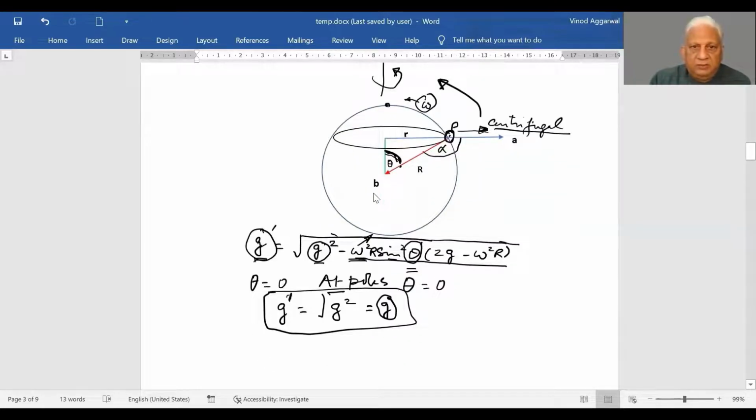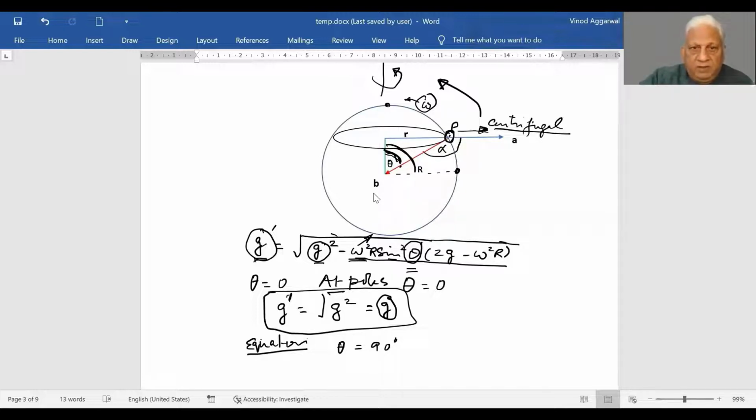Let's take another case. What happens at the equator? At the equator, theta will be 90 degrees because you will be somewhere here and this theta will be 90.